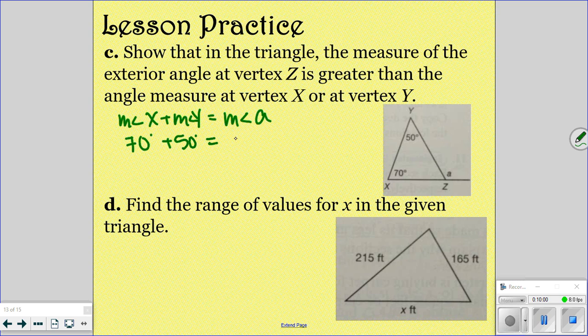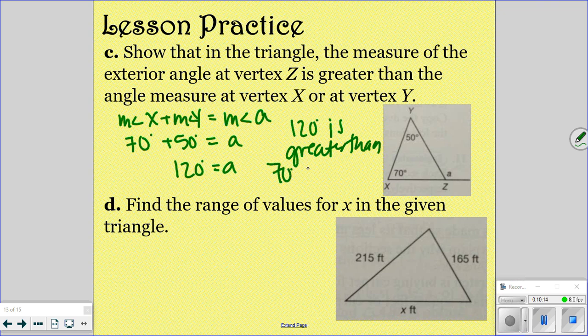So that means that angle A would have to be 120. And 120 is greater than 70 or 50. So that's really all you need to say to show that it is bigger.